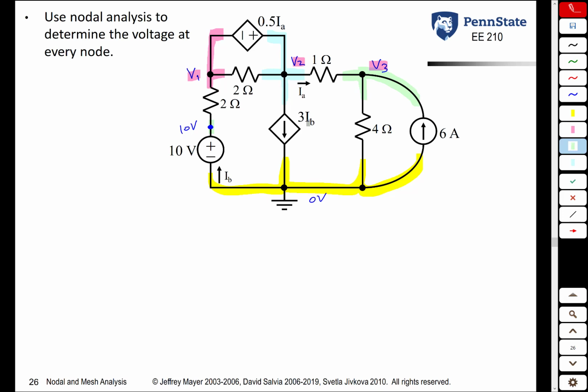We have a current-controlled current source here, and the controlling variable is this current IB. So we want to get rid of IB. We also have this current-controlled voltage source, 0.5 IA, where IA is the current through this 1 ohm resistor here. So the next step is to get rid of IA and IB. We call these our control equations.